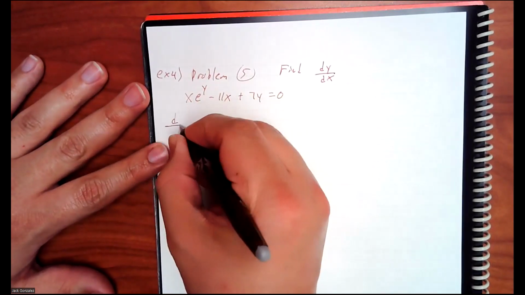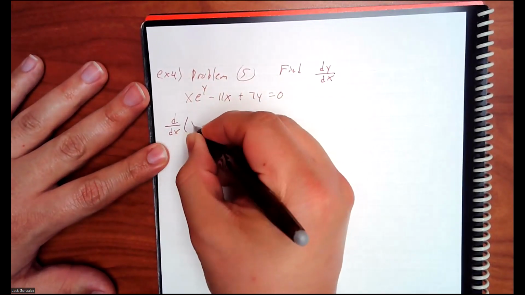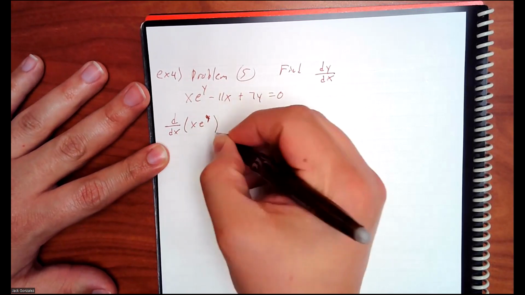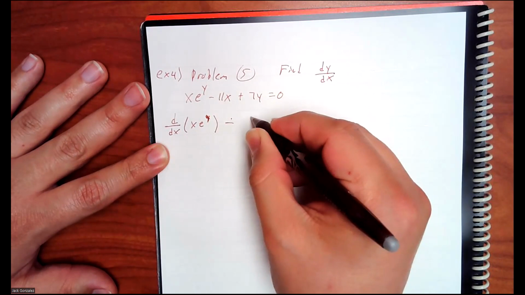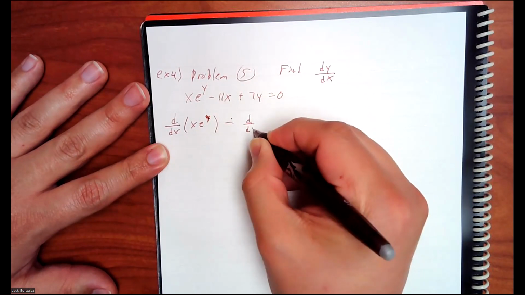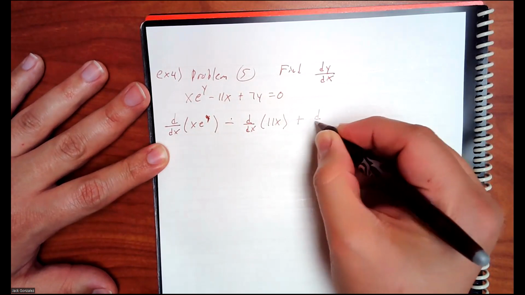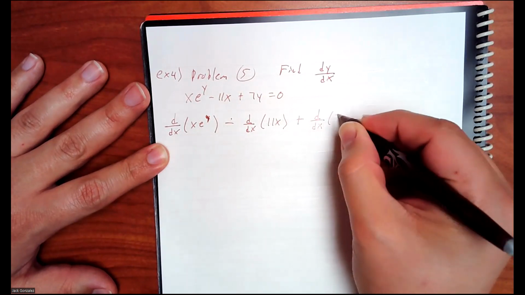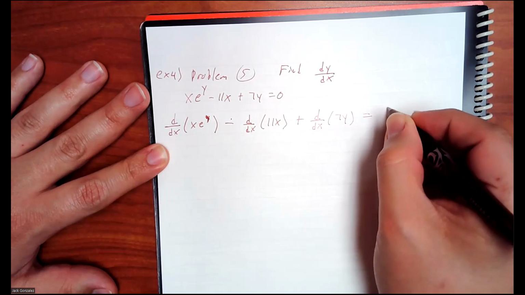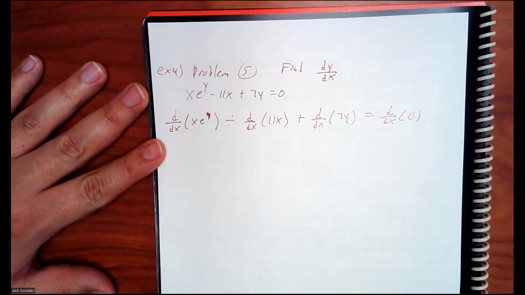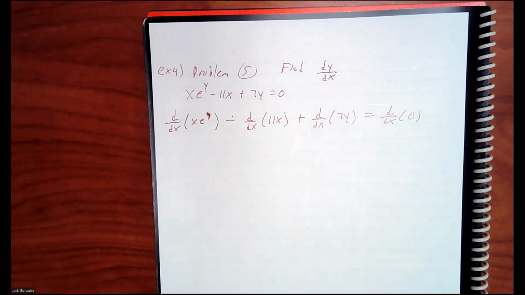So you take the derivative of each piece here. So you start. Both sides. Although the right side you can see it doesn't matter, right? It's already 0.